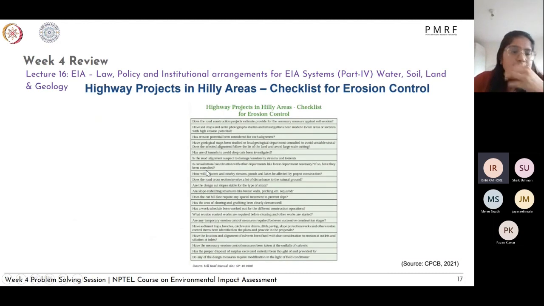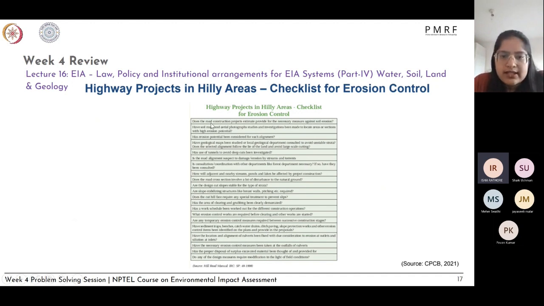And then we also have something as the highway projects. Because highways are prone to erosion, highway projects in hilly areas are prone to erosion. So we have a checklist for erosion control where we talk about if this checklist meets the requirements, or will it lead to a possible risk for erosion and landslides. So this is again a checklist on constructing projects in hilly areas.